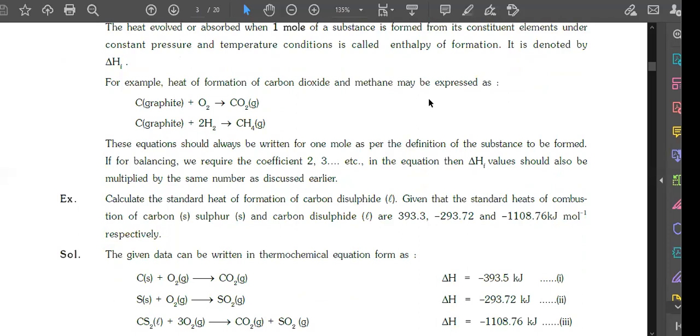Calculate the standard heat of formation of carbon disulfide. Carbon disulfide, and what is given? Standard heat of combustion of sulfur, carbon, and CS2 is given. Just think about it and try to solve by yourself once.